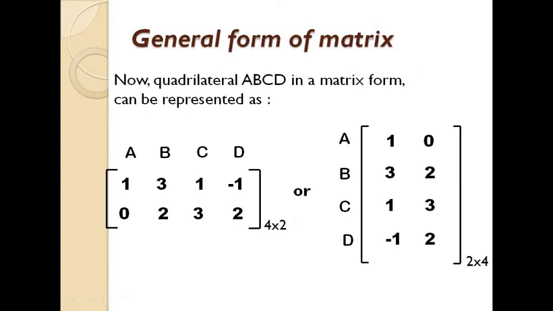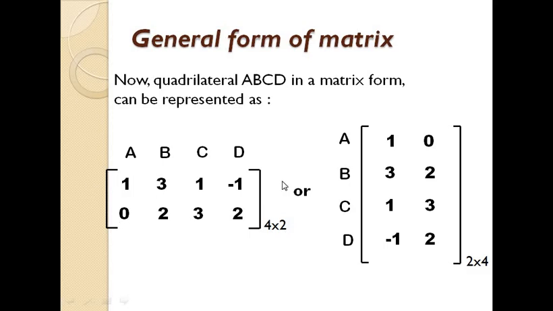You can also represent a quadrilateral ABCD in the matrix form. You can see the point A here, the point B (3, 2), the point C (1, 3), and point D (-1, 2). It is a 4 into 2 matrix. Again here it is row wise, the x coordinates are given in one row, and the other is the y coordinates.